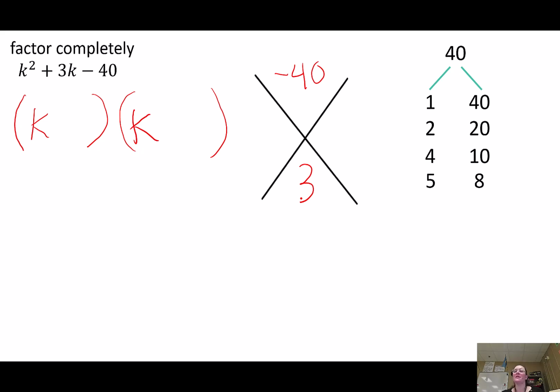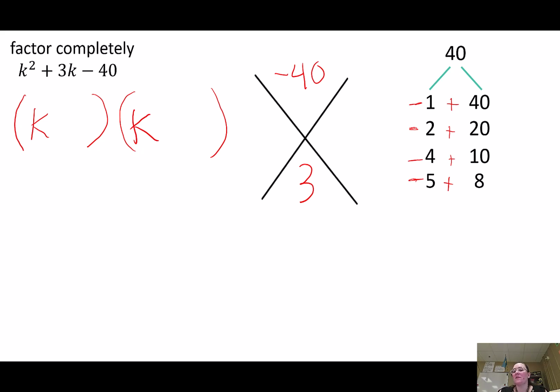Now, since 40 is negative, I know one of my 2 factors has to be negative. Since b is positive, I know my bigger factor has to be positive. So I can make all of my small factors negative. Then all I have to look at is, if I add these 2 together, am I going to get 3?